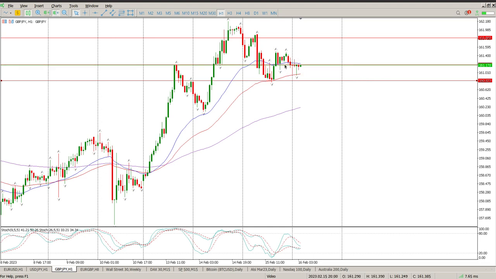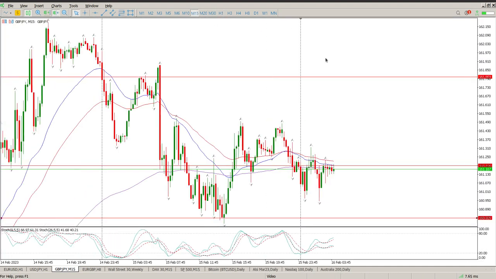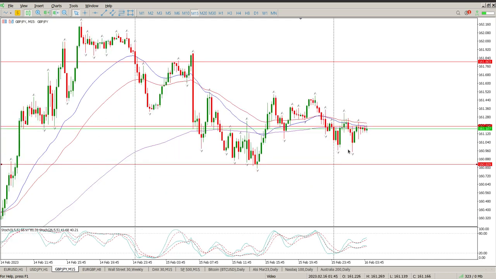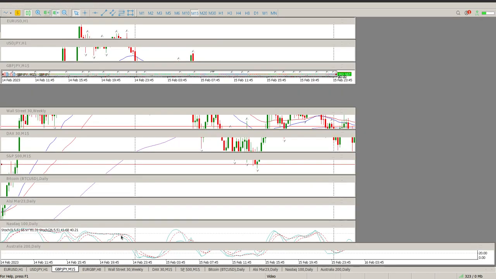If we get a 15-minute break to the upside of the range of the first 8 1-hour bars, then it would be a continuation at the upside, which would validate this flag. Otherwise, I would be sitting on the side and waiting, because there's nothing going on at the moment, and the 15 minute probably won't help either. In amongst the moving averages, nothing really happening, so I think we'll leave that one alone.